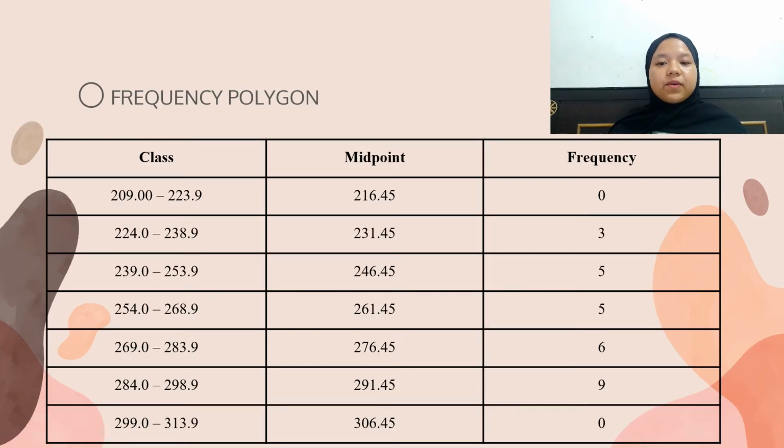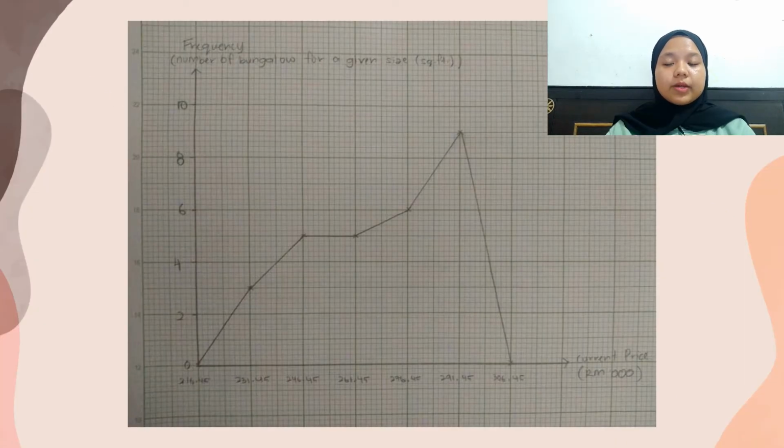So next, for the frequency polygon graph, we will use the same table as the histogram graph, where it will be the class, the midpoint, and the frequency. Okay, so this is how the frequency polygon graph will look.